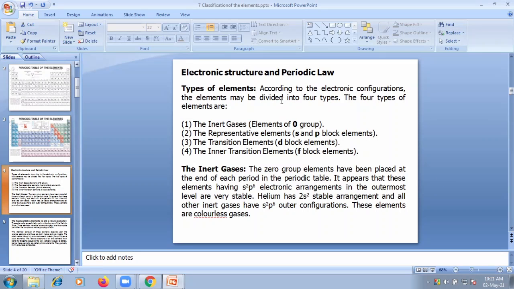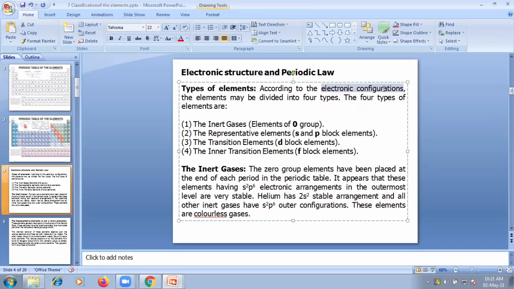So according to the electronic configuration, as I said a few times, the elements have been divided into 4 groups. One is inert gases, another is representative elements, another is transition elements, and the last is inner transition elements.